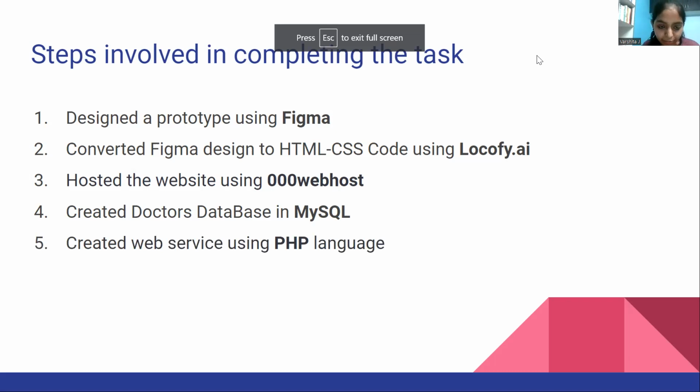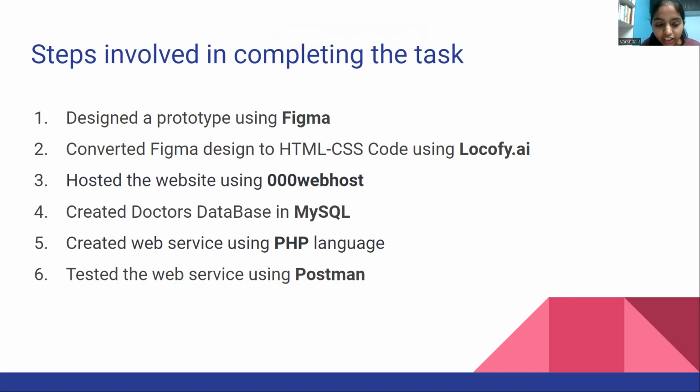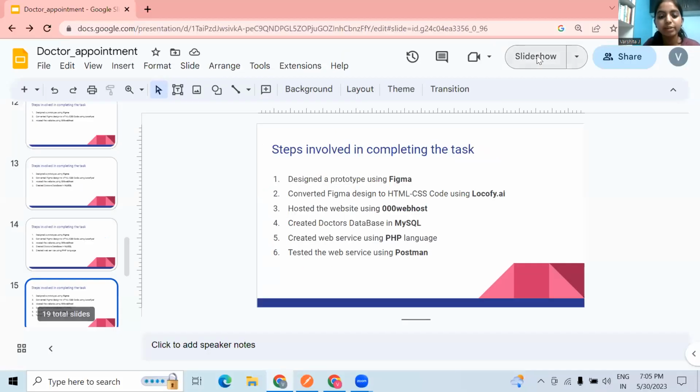Then I created a web service using the PHP language. A web service is something that connects the front end with the back end. More on that in a bit. Then I tested the web service using Postman. Postman is a web service testing tool.